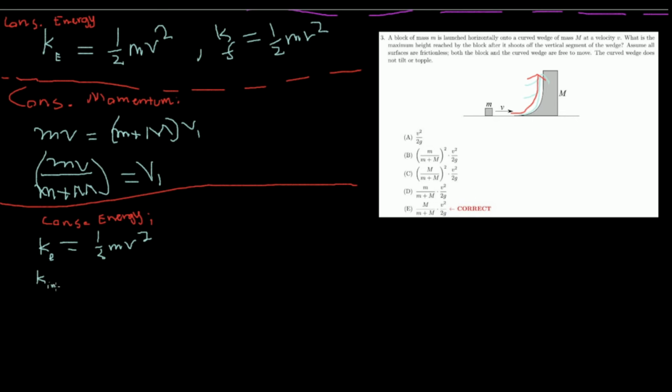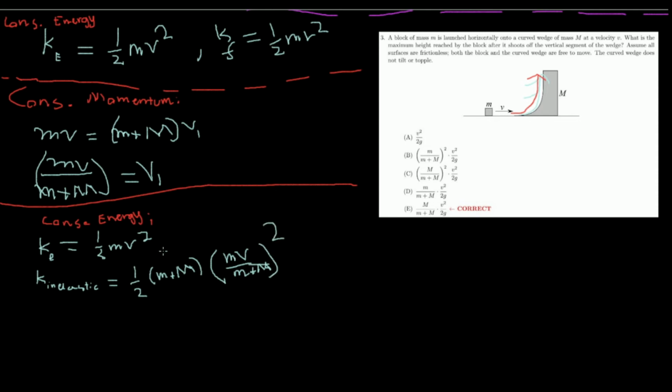K inelastic equals 1/2 m plus big M, because remember, we're talking about the total mass. This is during the inelastic collision. Times V1 squared, and V1 is mv over m plus M. And this squared.